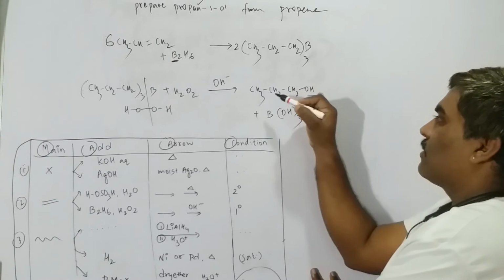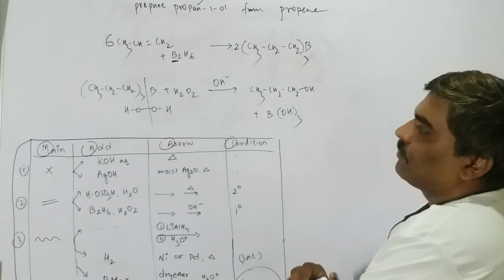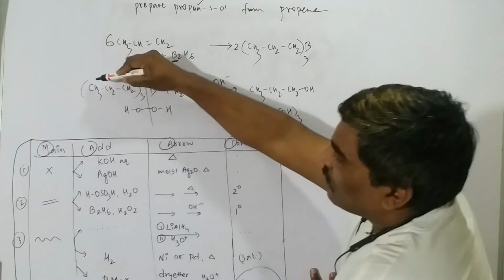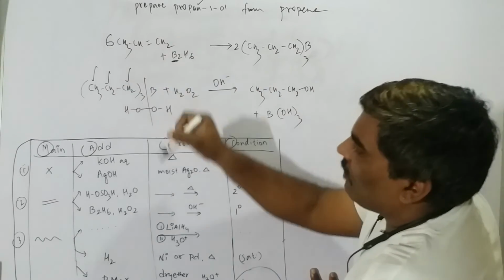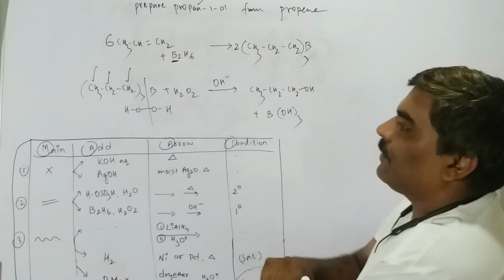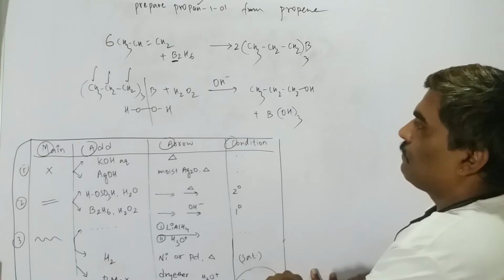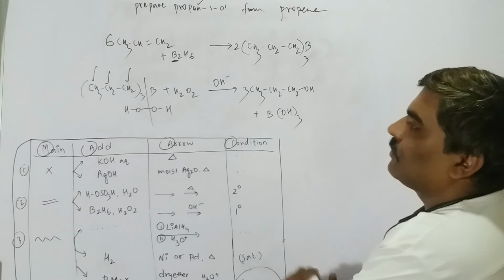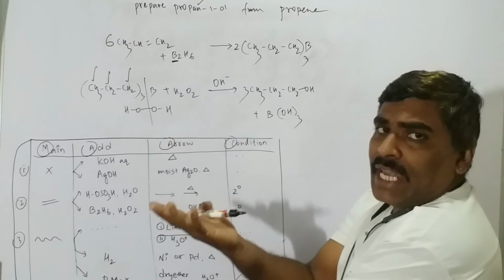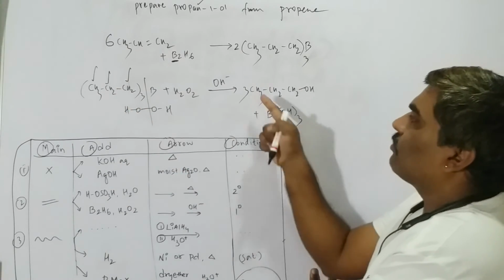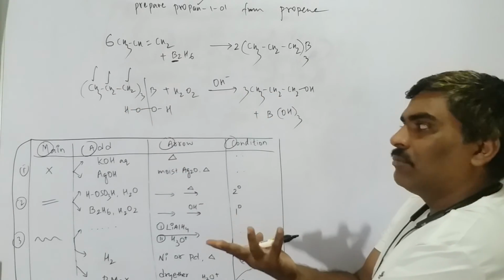Now try to balance. If you see here, how many carbons do we have? 3. 3 carbons into 3, so I can write here 3. I should say the n-propyl group is there 3 times here.